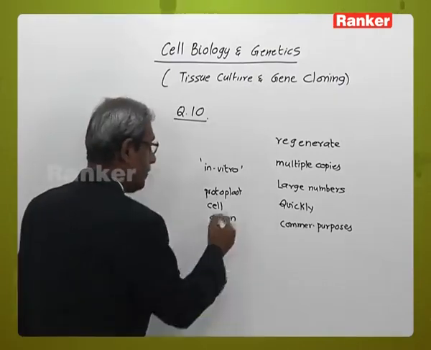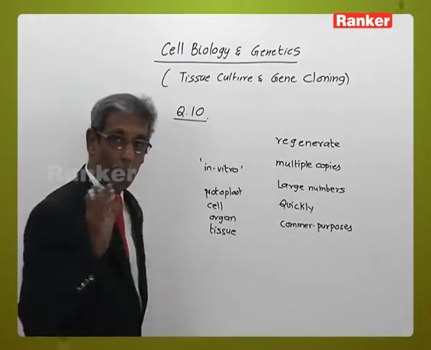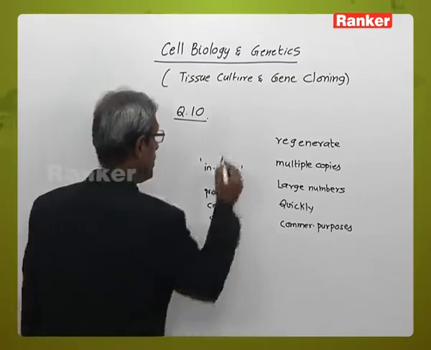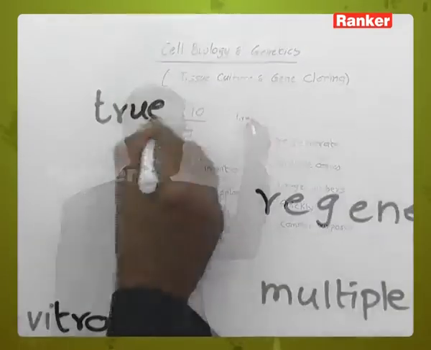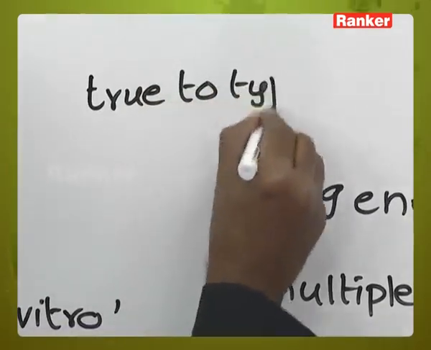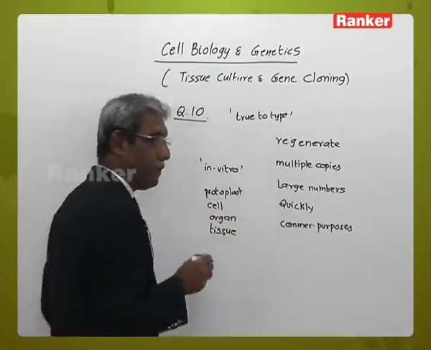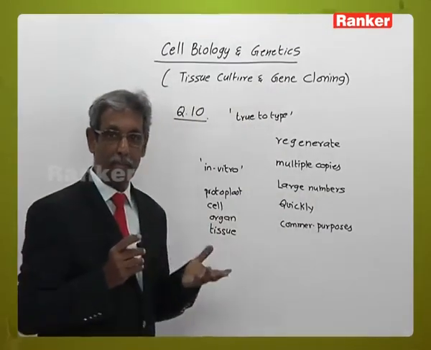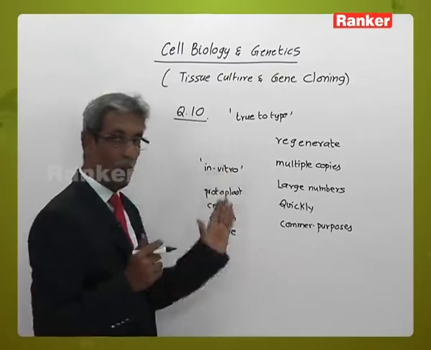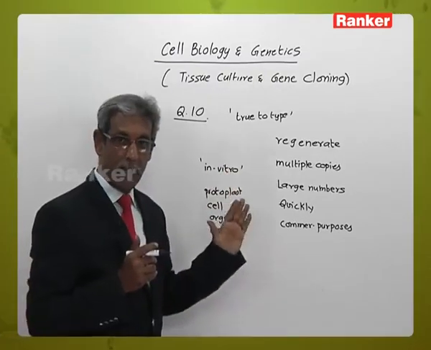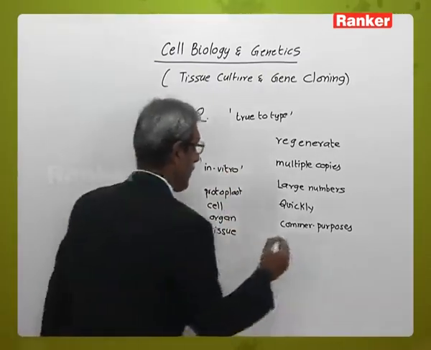And here whenever we are regenerating, the selection is true to type. When you say true to type, they are morphologically identical to the parents. So this method of propagation is primarily termed as micropropagation.